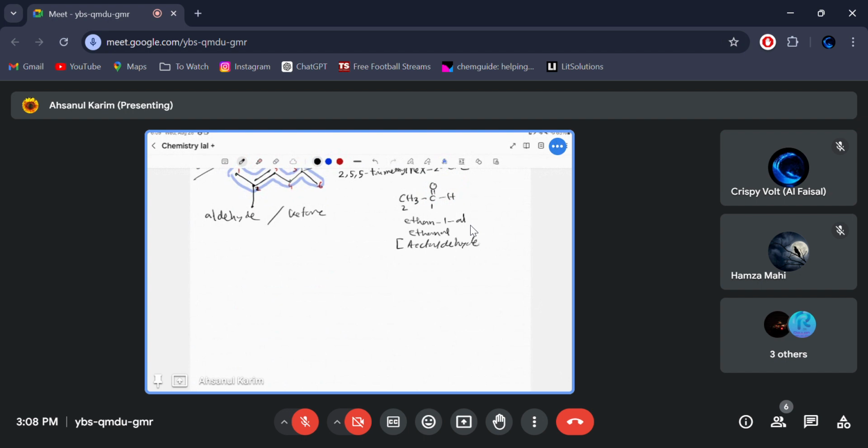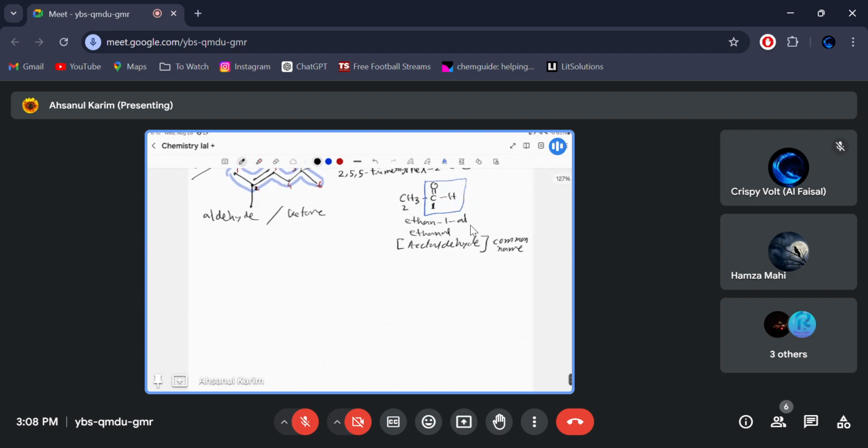ethanal, and the common name is acetaldehyde. Okay, acetaldehyde is the common naming, this is not IUPAC naming. This is the first carbon, this is the aldehyde group, and carbon numbering should start from the aldehyde group.